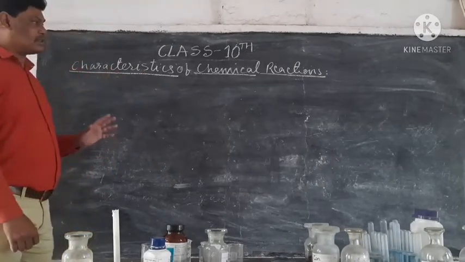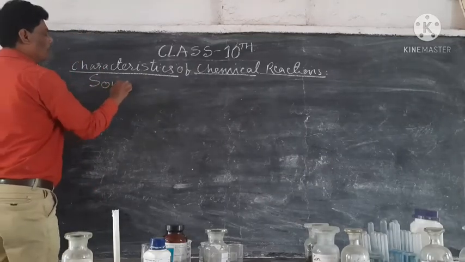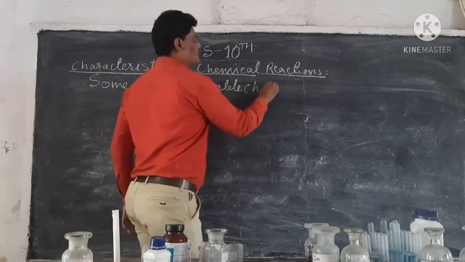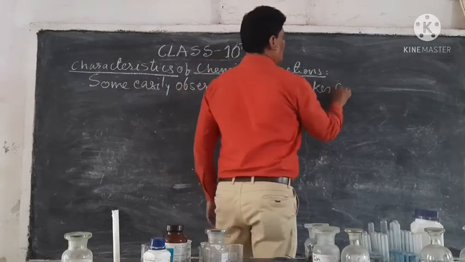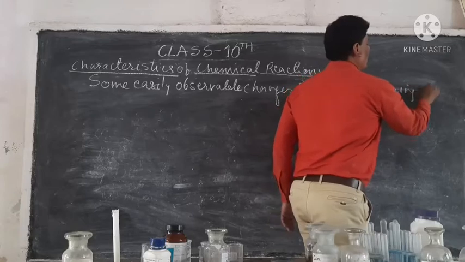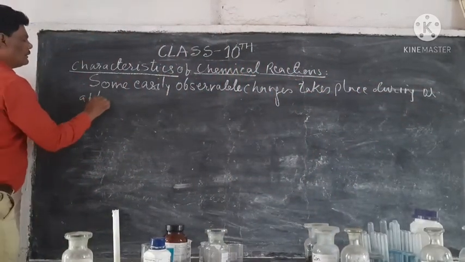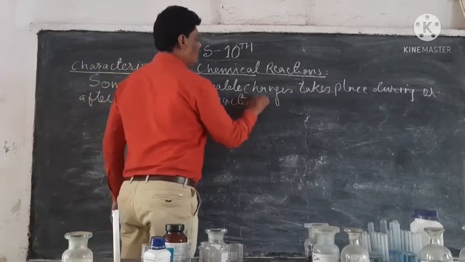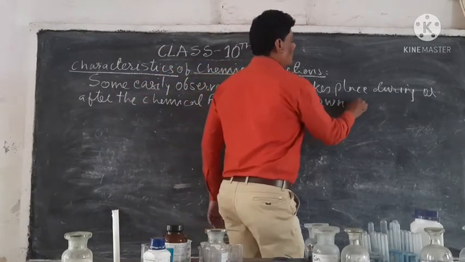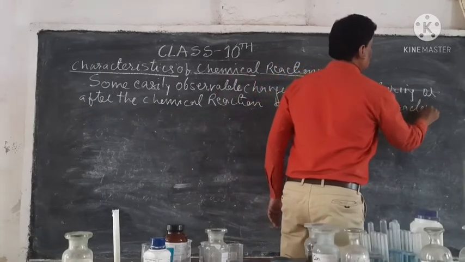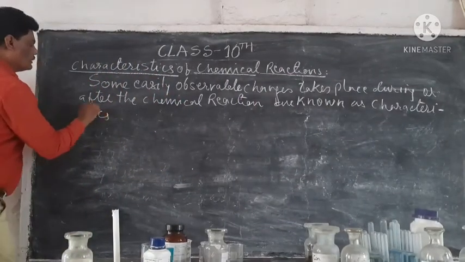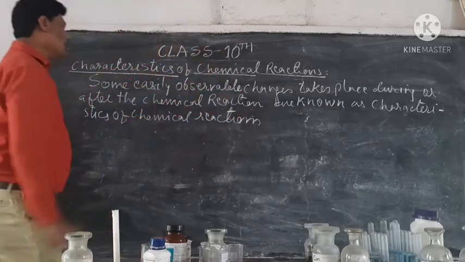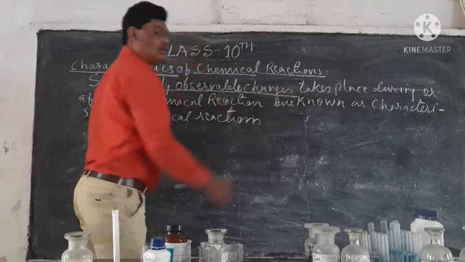Some easily observable changes that take place during or after the chemical reaction are known as characteristics of chemical reactions.